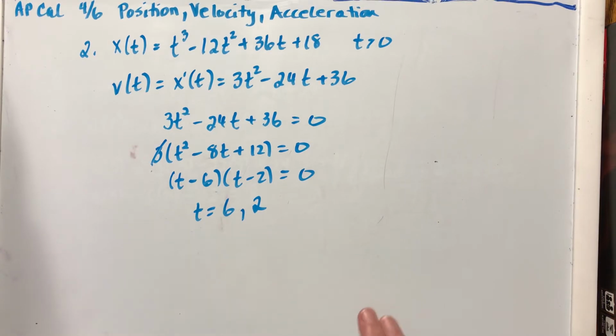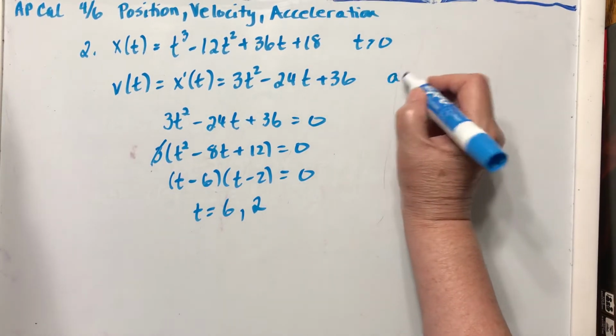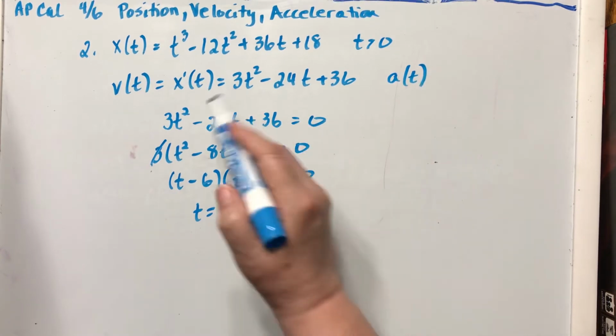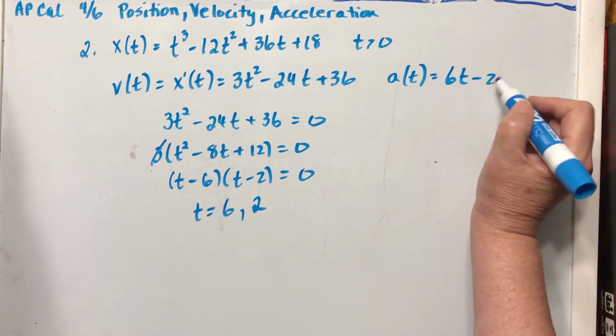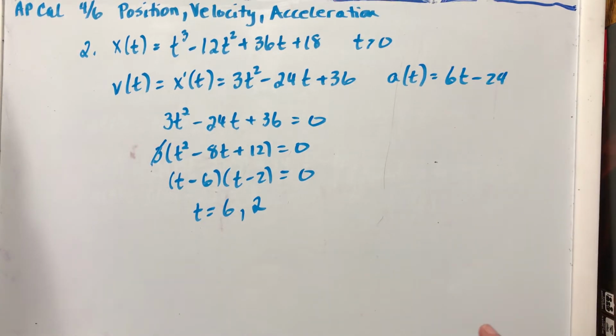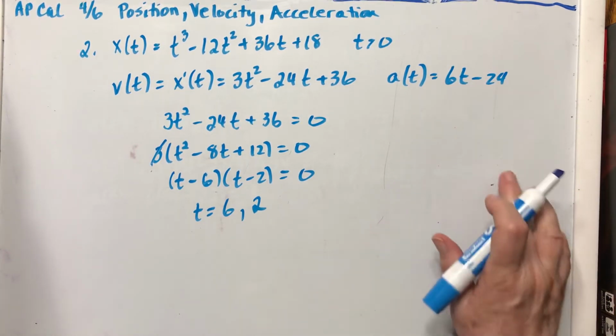Okay. And then part B says find the interval of time in which the particle is slowing down. All right, it's slowing down when the velocity and the acceleration have different signs. So I need to find my acceleration, which is the derivative of my velocity. So that's going to be 6t minus 24. So now we've got to combine some things that we've done before.